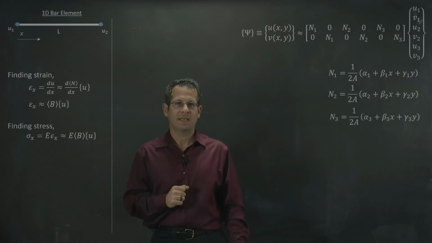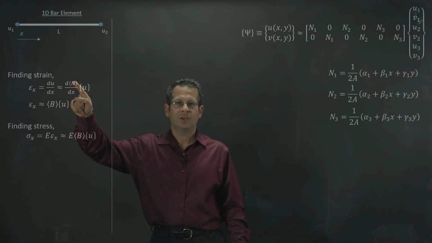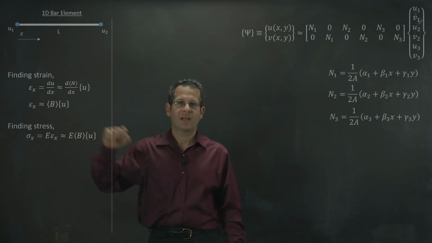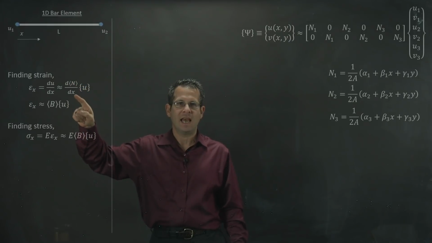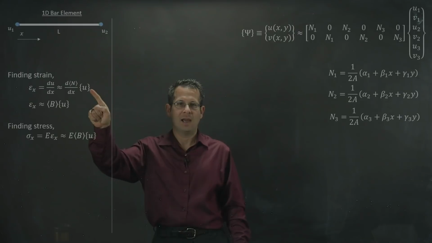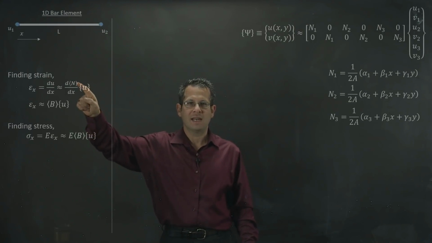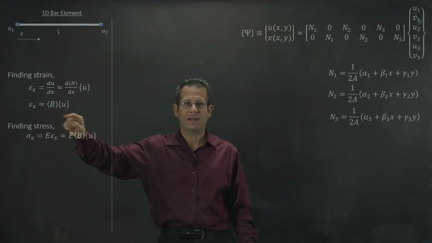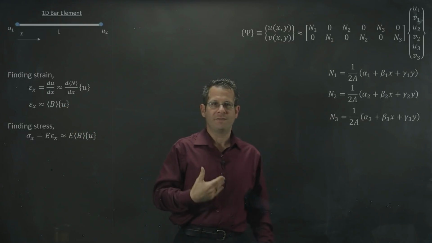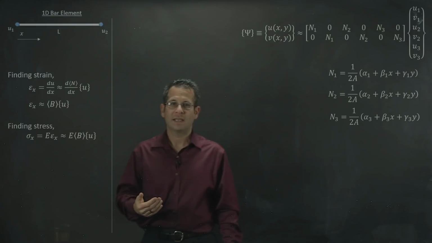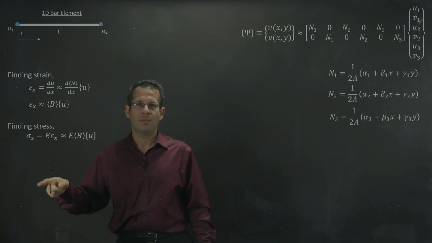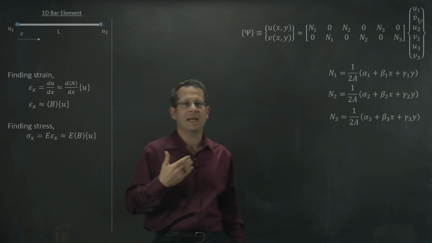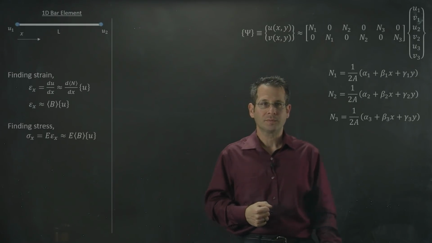All of our x dependence was in N, so to find our strain in one dimension was just dN dx times u. We defined dN dx as the vector B. To find stress, stress was just strain multiplied by Young's modulus, and that's given to us by Hooke's law.